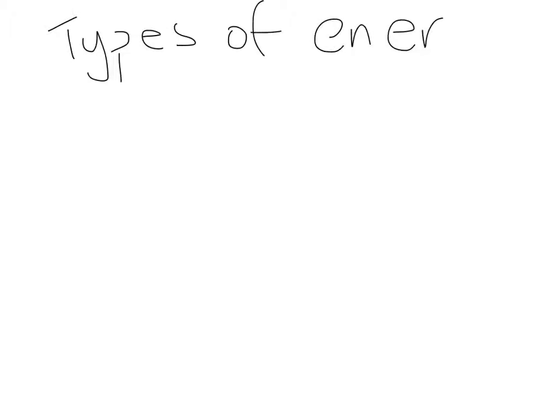So to sum up, these are the things that you will need to know. First of all, you need to know there are different types of energy. So for example, there are light energy, sound energy, electrical energy. What else is there? Kinetic energy, potential energy.